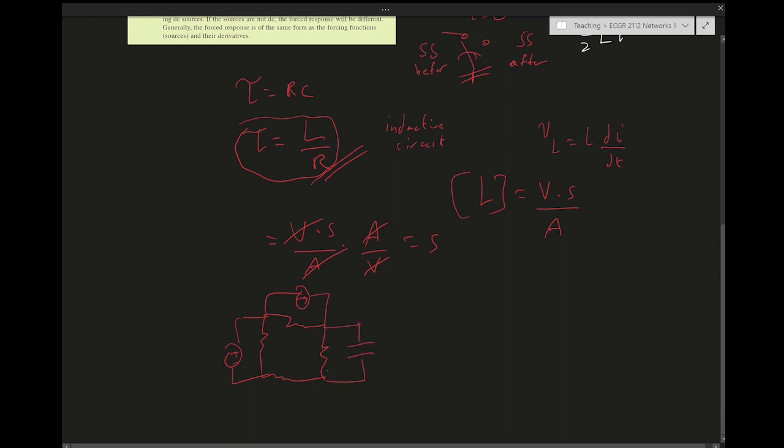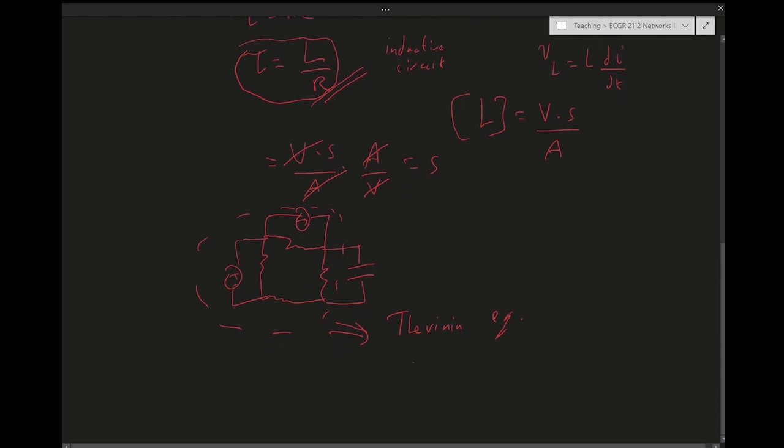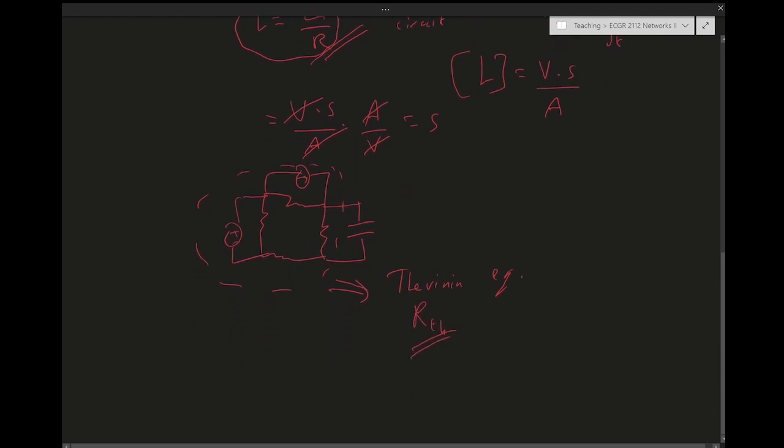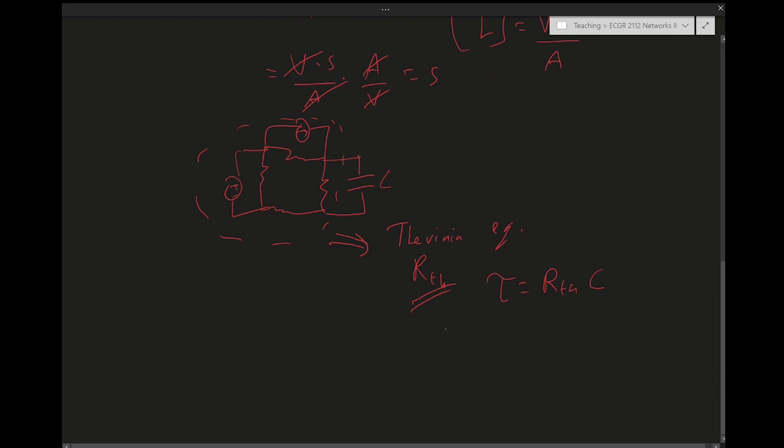But what we could do is we could always reduce the circuit connected to the energy storage element, either inductor or capacitor, into a Thevenin equivalent, and then take that Thevenin resistance, R Thevenin, right? That's what gives you the time constant. Couple it with C and get the time constant, which will be R Thevenin C, and tau for an inductive circuit is going to be L over R Thevenin.